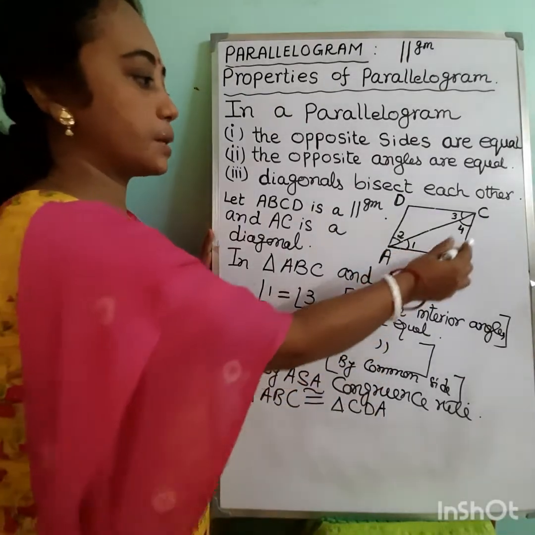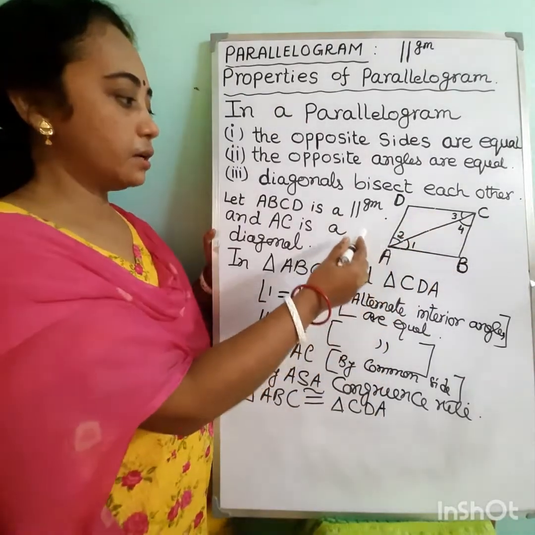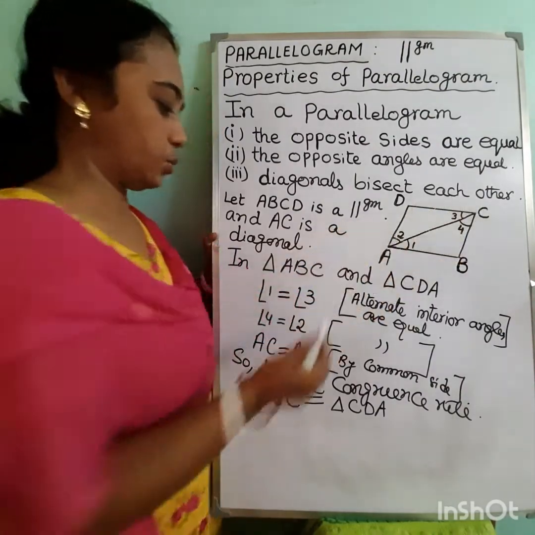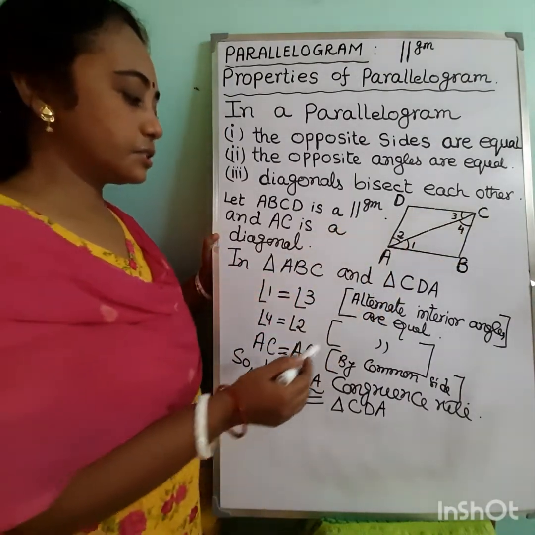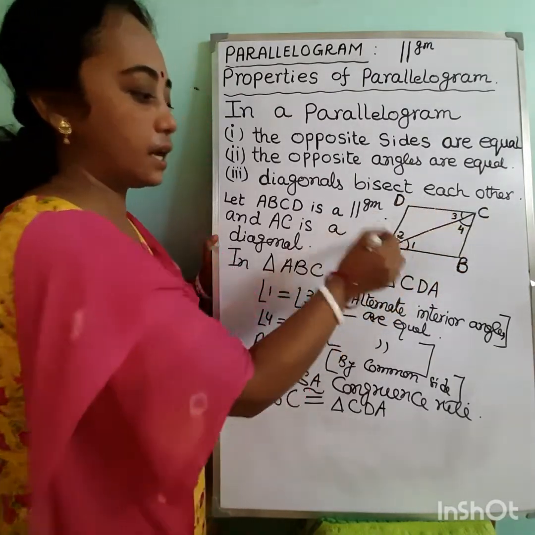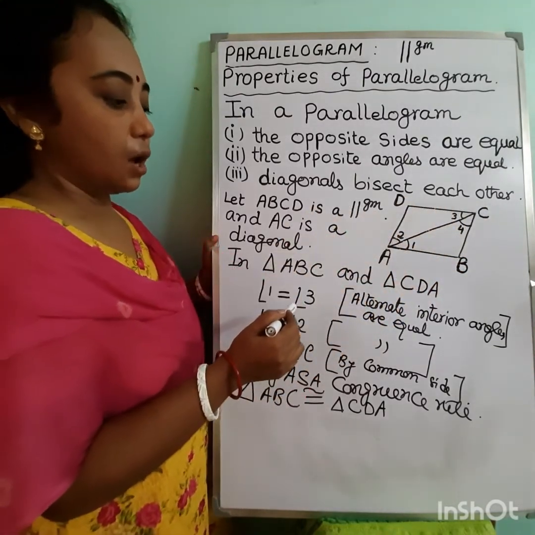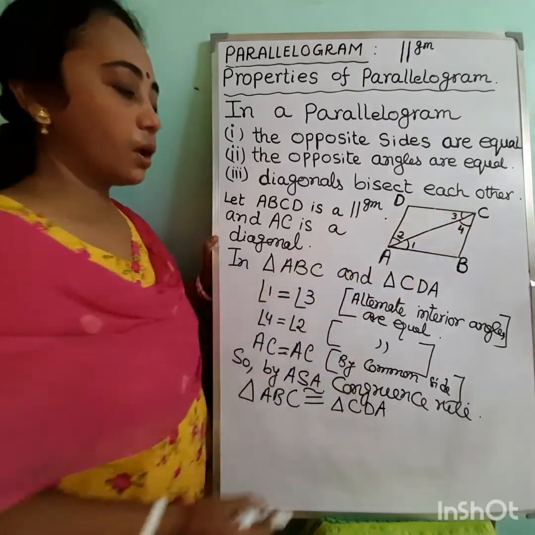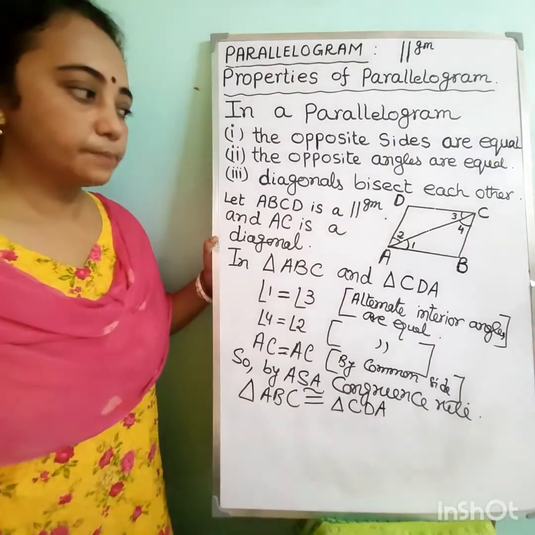Here ABCD is a parallelogram which is already drawn here, and this is the short symbol of a parallelogram, and AC is a diagonal. Now let us consider triangle ABC and triangle CDA. In these two triangles, we can say that angle 1 is equal to angle 3. Why are these two angles equal?